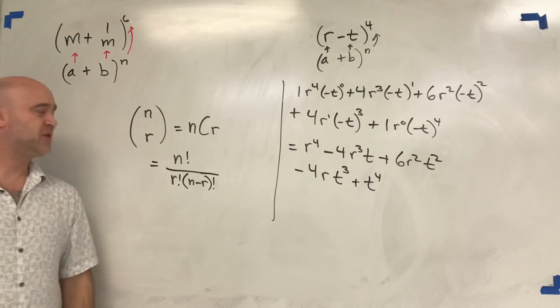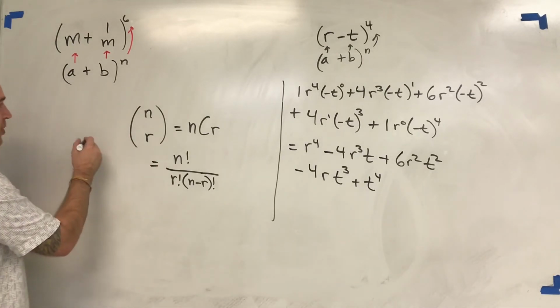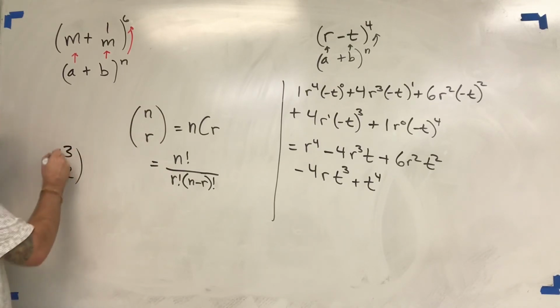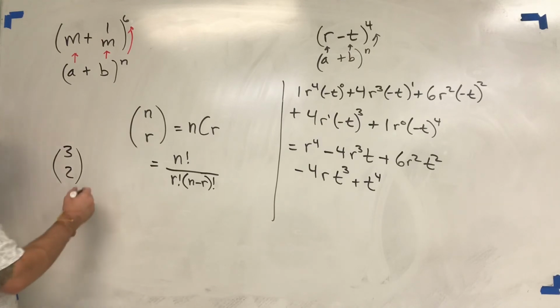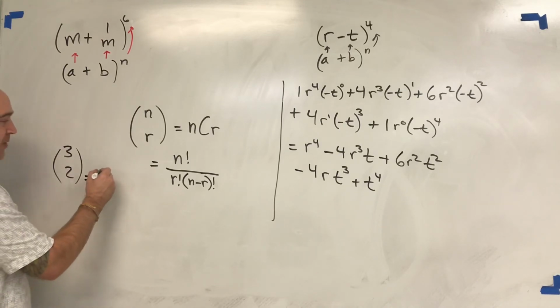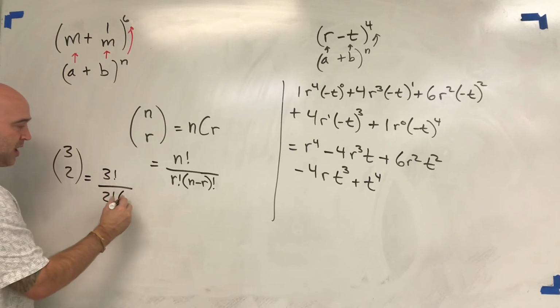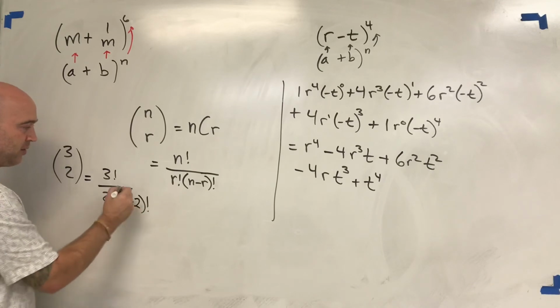So if I just want to do a generalized example, let's do like 3 choose 2. So I have 3 people, and I'm sticking them in 2 car seats, 2 passenger seats. So this would be 3 factorial over 2 factorial times 3 minus 2 factorial.